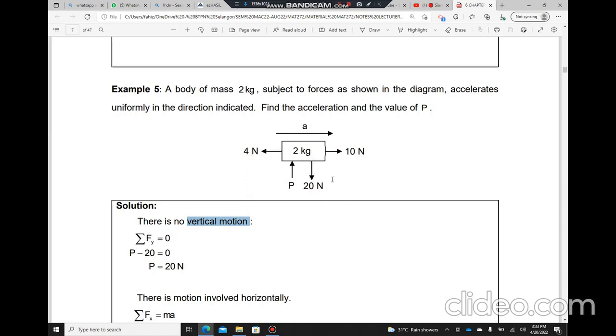So, kita jumlahkan force dia, P dia ke atas, so that's why P plus negative 20, sebab yang ni 20 ke bawah. So jumlah untuk vertical motion adalah P tolak 20 equals to 0. So that's why P equals to 20 Newton. So awak akan dapat P equals to 20.